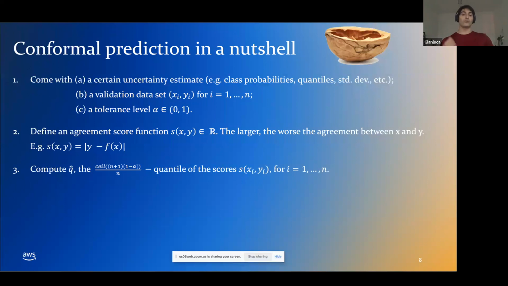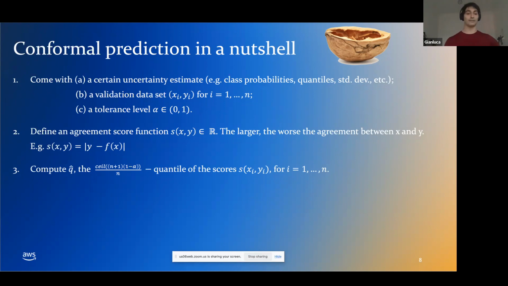Okay, then you compute a quantile. Now, forget about this ceiling of n+1, this is only to be precise, but for n large enough, you can see that that quantity there is basically just 1 minus alpha. So what you're doing here is just computing the 1 minus alpha quantile of the scores evaluated at your validation data.